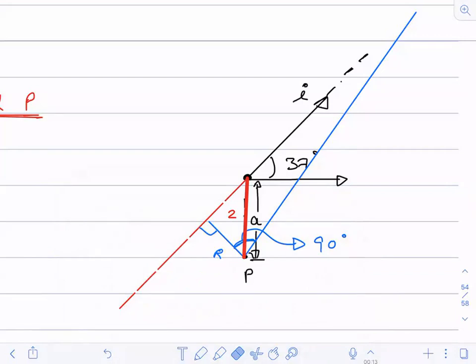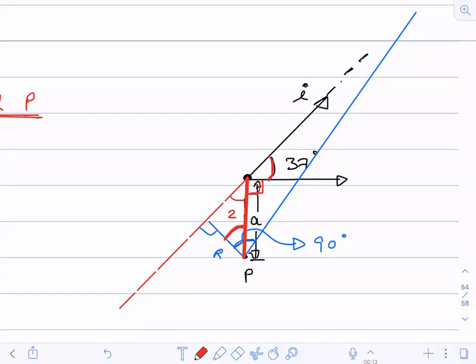Now, which angle will you take? You have to consider this angle. One angle is 90 degrees. Now you have to find out this other angle. This is 37 given to me, and this is 90 degrees.